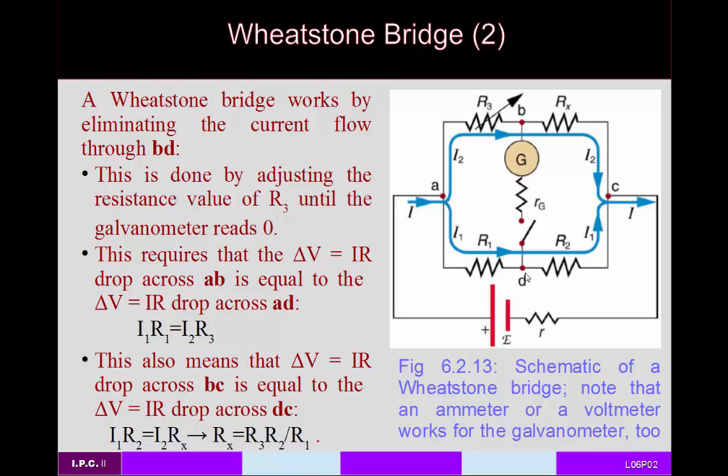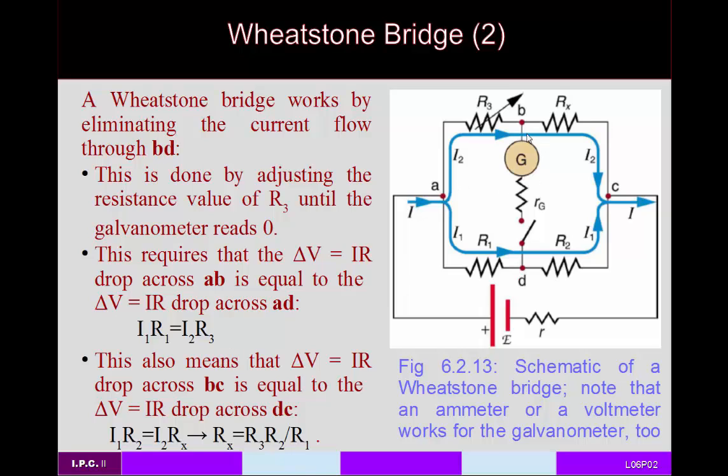So the voltage drop from A to D and the voltage drop from A to B must be equal in order for there to be no voltage drop from B to D, because the voltage drop across AC is the same whether you go through this branch, or through this branch, or through this branch across the bridge.